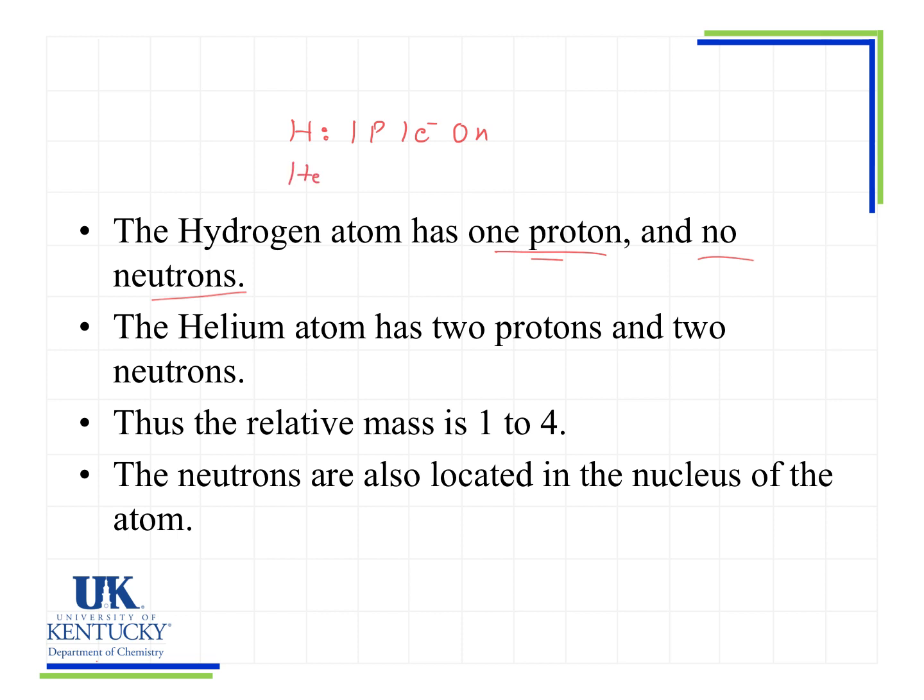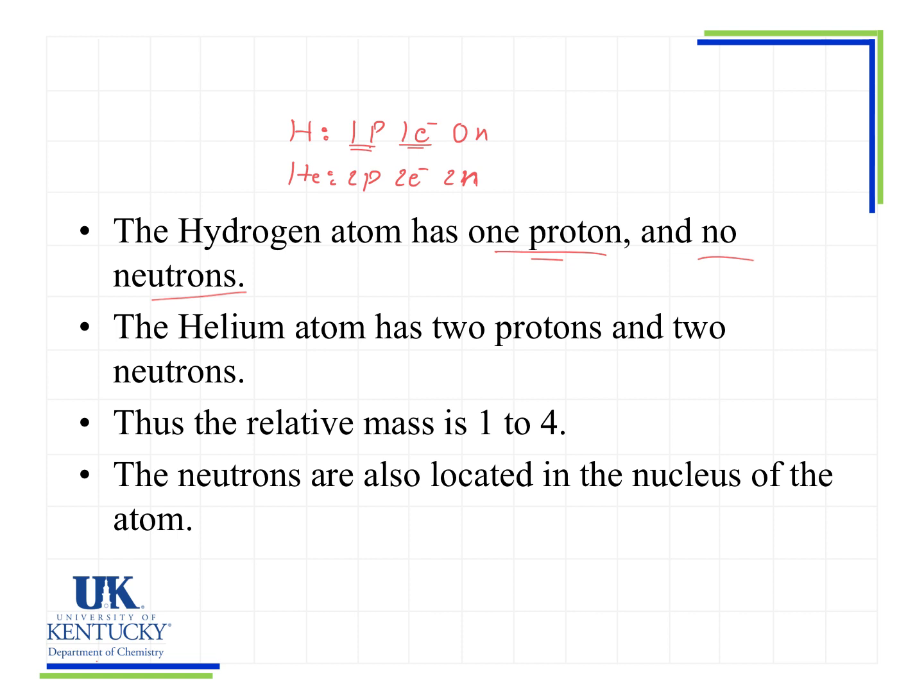Helium has two protons and it was neutral, so two electrons. Also it has two neutrons. Okay, so since in hydrogen the only thing that contributes to the mass is the proton, because you know that the electron's mass is very small compared to the proton, and it does not contribute to the mass of the atom, the only particles that contribute to the mass are protons and neutrons.